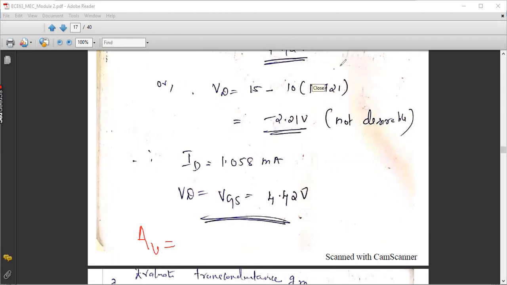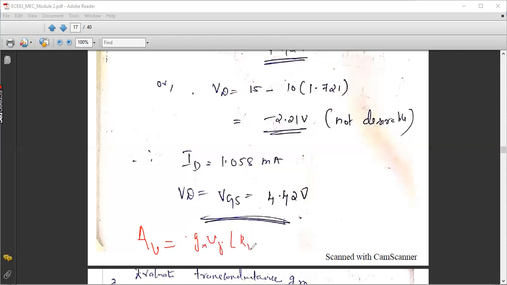But later we had an expression in terms of GM, VGS and all resistances. By using the small signal equivalent circuit, we have derived one expression. What was that? Minus GM into VGS, RD parallel R0.